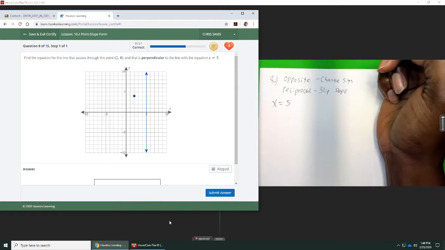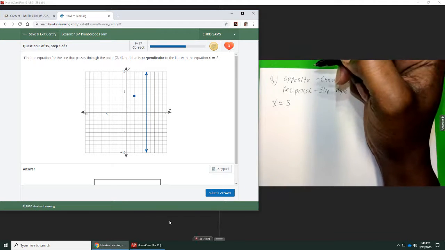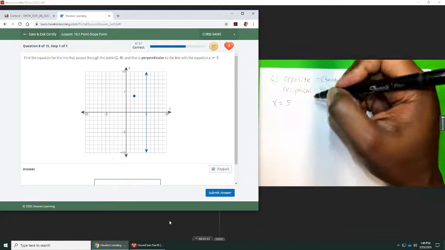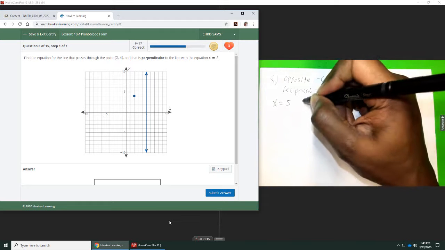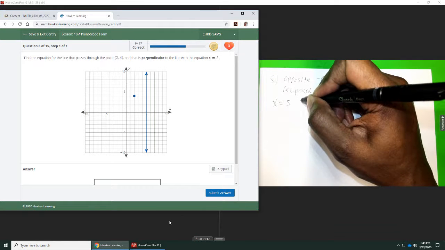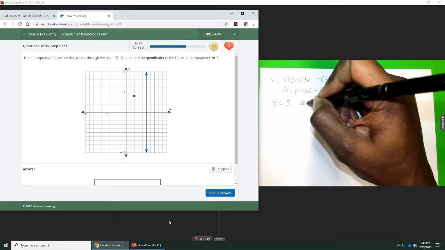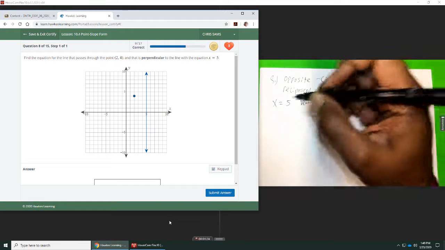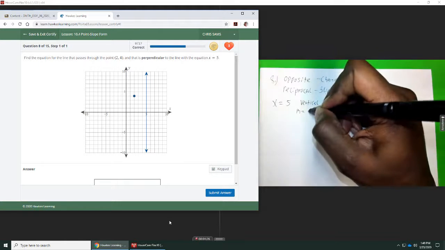Well, what's the slope? Generally, anytime you have an x equals equation, you have a vertical line, and the slope is undefined. m is undefined.